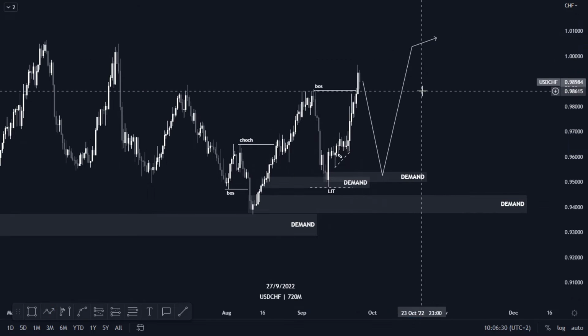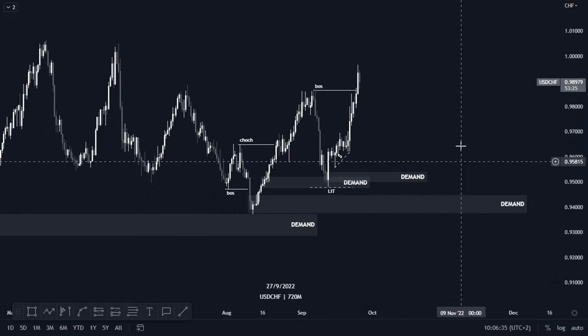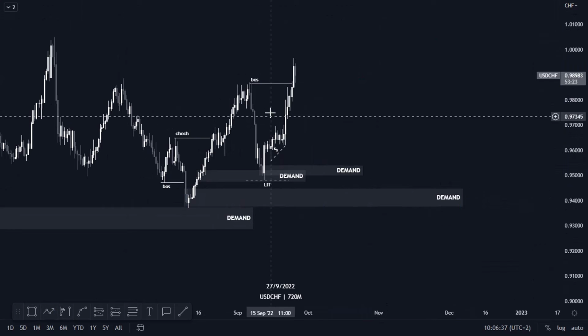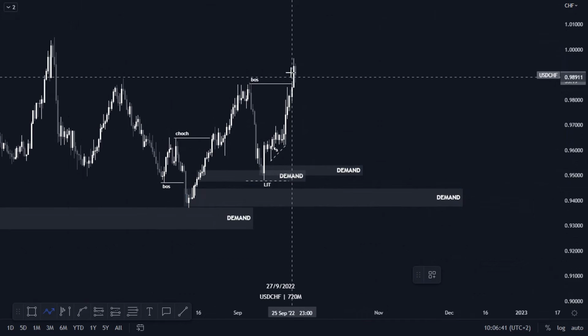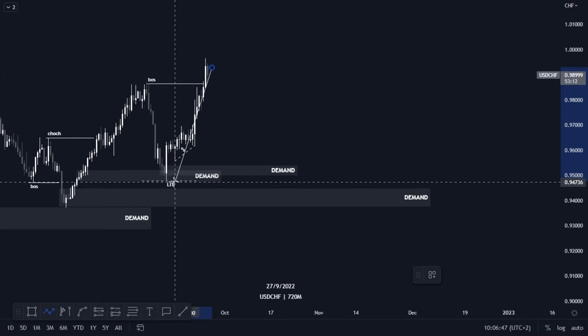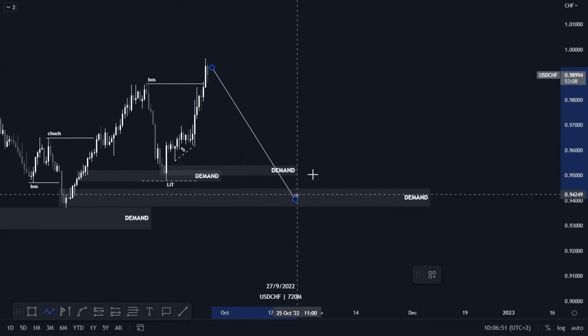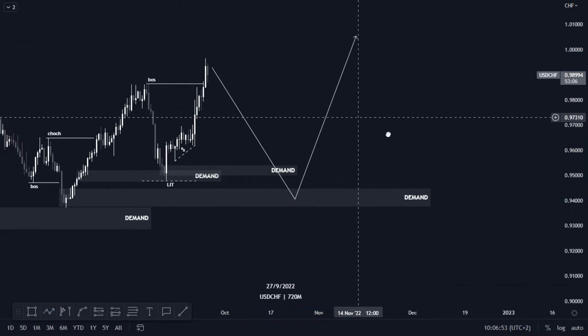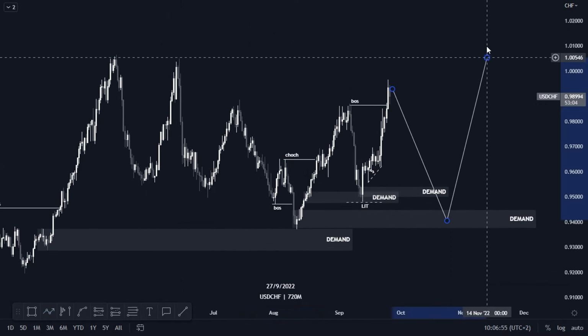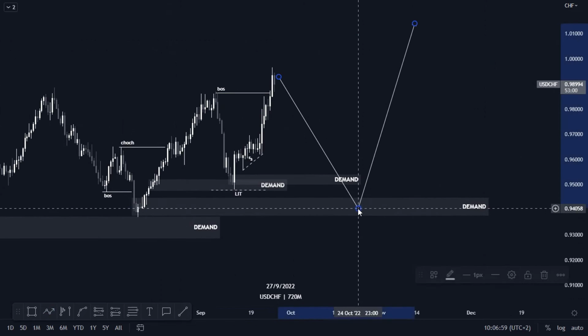Or what we can have is that we can expect USD CHF to push to the downside, clearing all this liquidity below this wick here, and tapping into our demand level on the monthly chart and pushing to the upside. Okay, two possible demand levels.